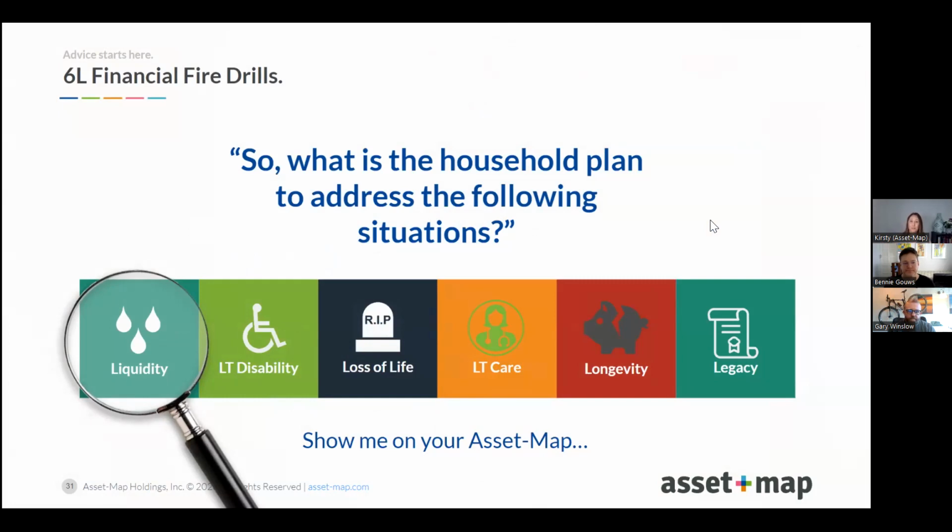So again, not only if we know there's a plan in place, but that the client knows what that plan is and who to call and what those steps are should one of these happen. And they're very interesting, the 6 different ones, because the level of depth you can go to in each of them can carry on and on in terms of conversing with clients on how far you go. But just to briefly touch on each of them, the first one is liquidity.